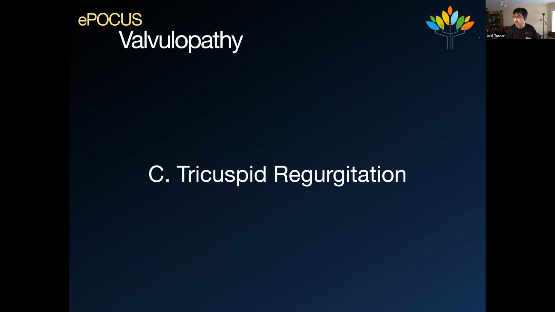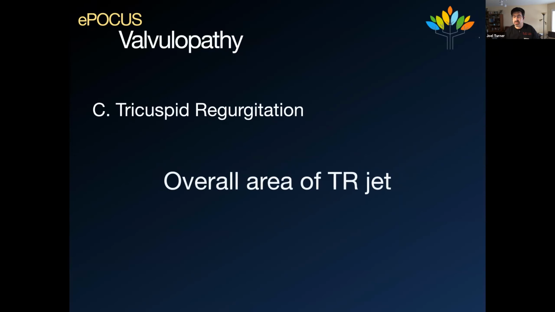Okay, the third valve, and that's the tricuspid valve. So remember, for the mitral valve, you're measuring the ratio of the area of the jet to the area of the left atrium. For the aortic valve, we're comparing the ratio of the width of the jet with the width of the LVOT. And for the tricuspid valve, it's the overall area of the TR jet.